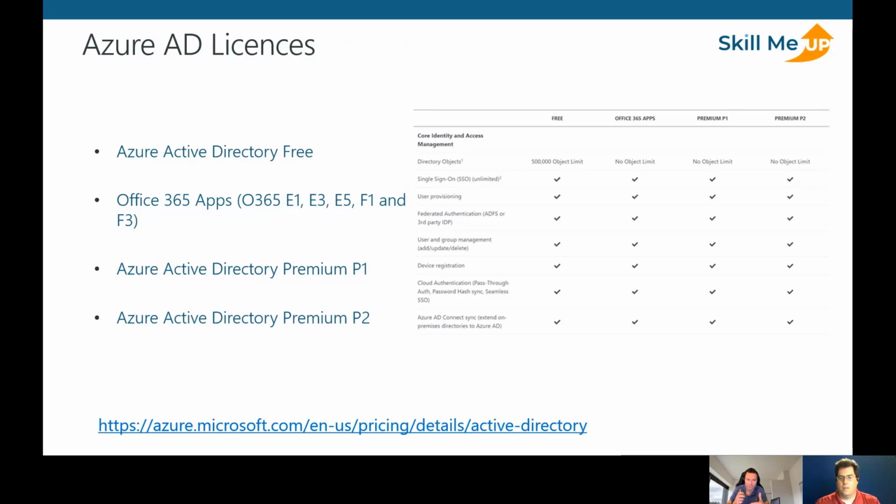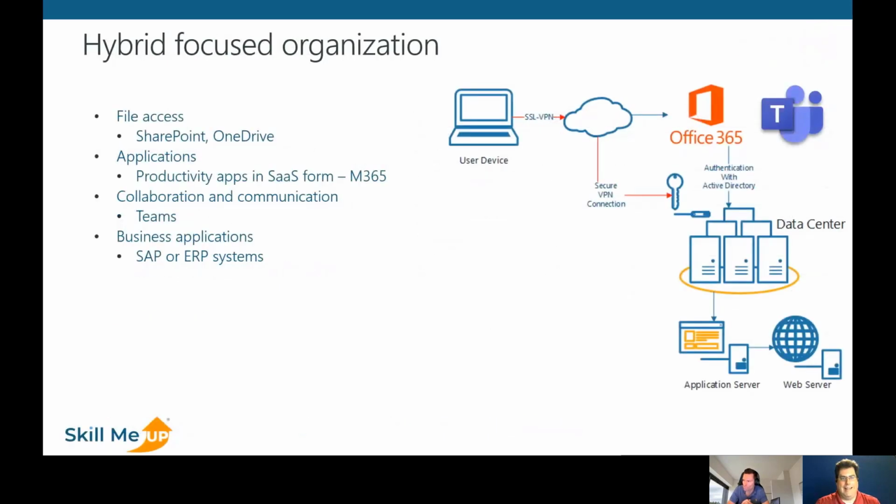And Dwayne, can you tell us how an organization that currently uses Active Directory can utilize the cloud identity management of Azure AD? I can. Let's take a look at how a hybrid organization looks in terms of Active Directory and Azure Active Directory. Most enterprise organizations are going to fit into this mold.